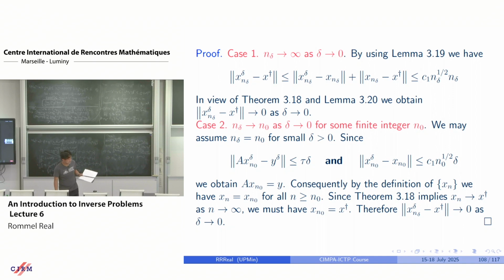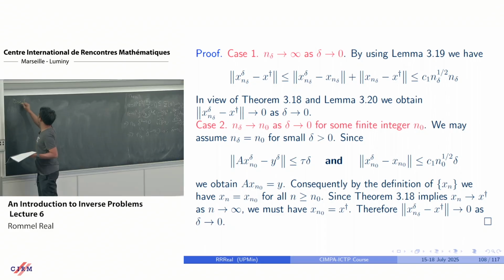For the first case, let's assume that, same as we did earlier, we assume that n sub delta goes to infinity as delta goes to 0. So in the first case, it's actually green.